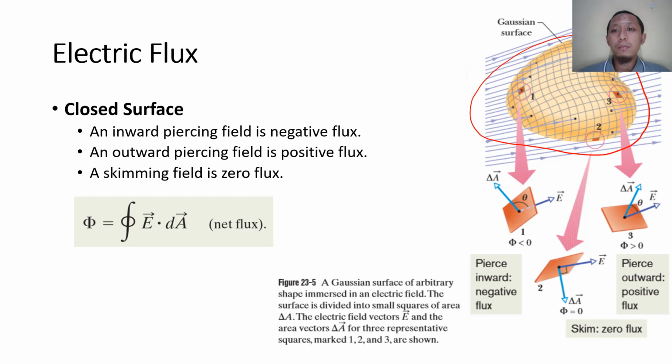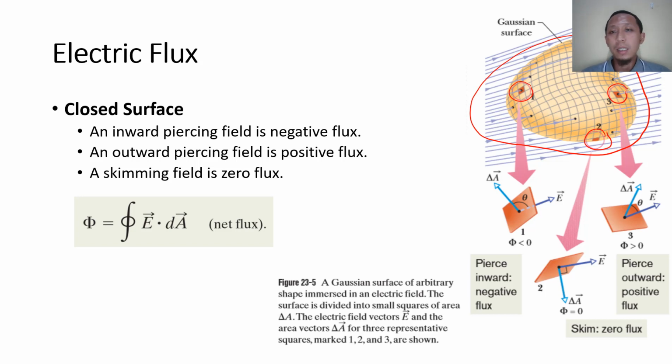So we have to check the flux in 1 and in 2 and in 3 like this one, and then we make a summation of the total flux in the object. So it's like this one.